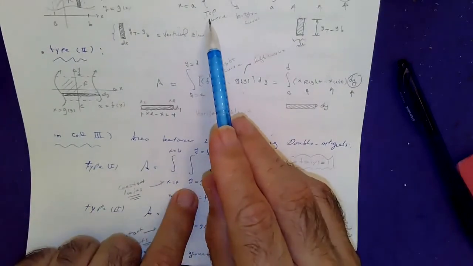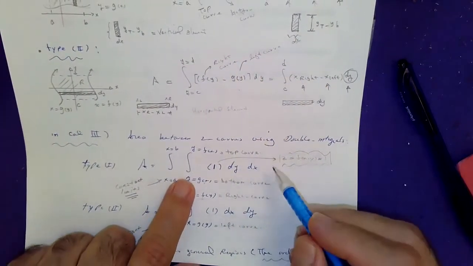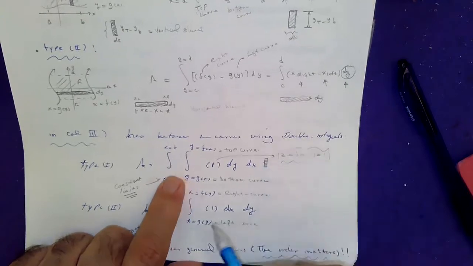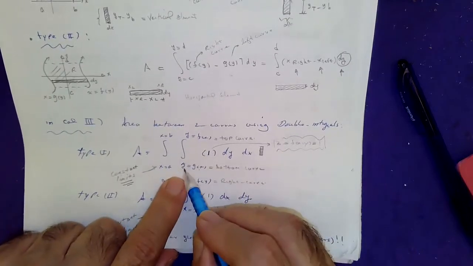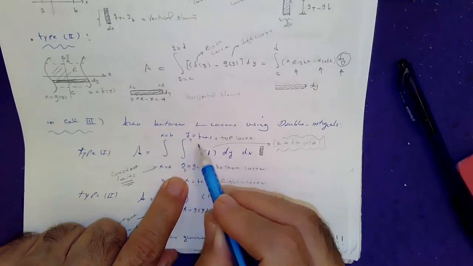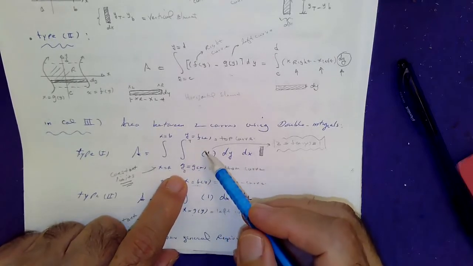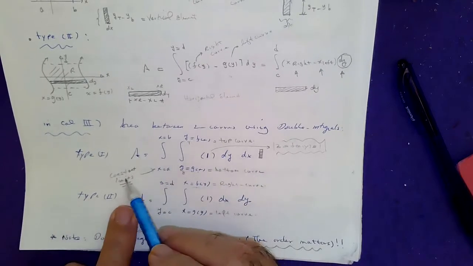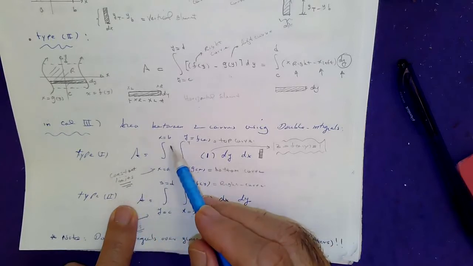Instead of going top curve minus the bottom curve, when you take the element vertically, we go y of the bottom, which is the lower limit of the first integral, all the way to y of the top. Notice the first integral now has variable limits. However, the second, outer integral is always constant, rain or shine. So x goes from still a to b.